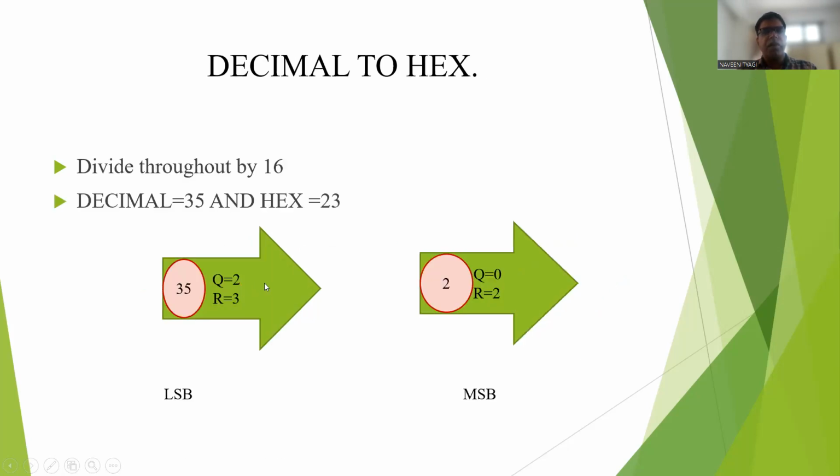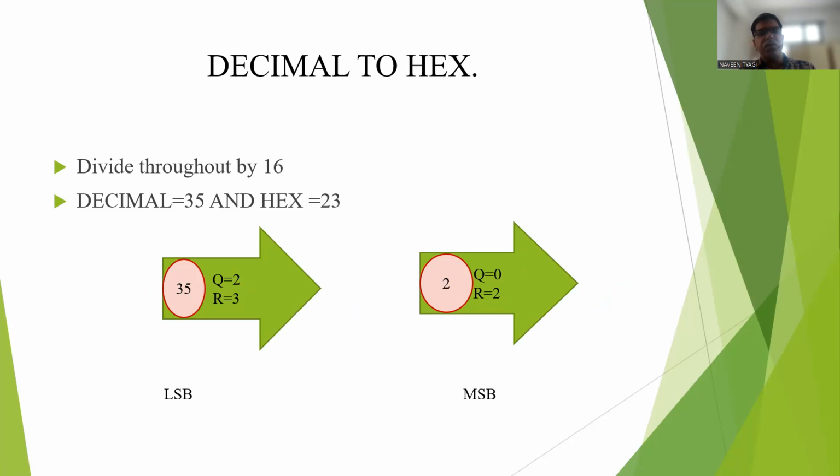100111. Now next is divide through by 16. Here we convert a decimal number to a hexadecimal number, in which the number is divided by 16, because we want to convert decimal to hexadecimal. Here we convert base 10 to base 16, where 35 is divided by 16.